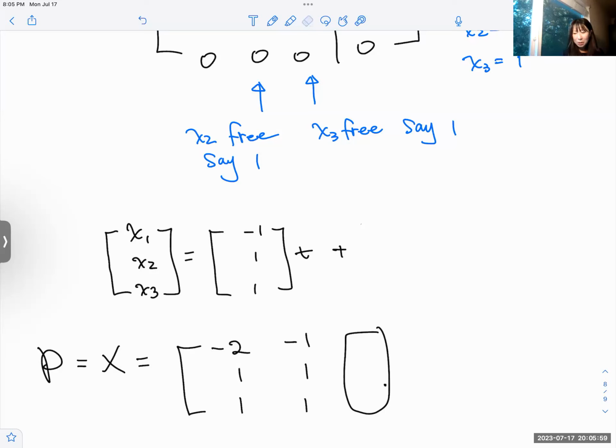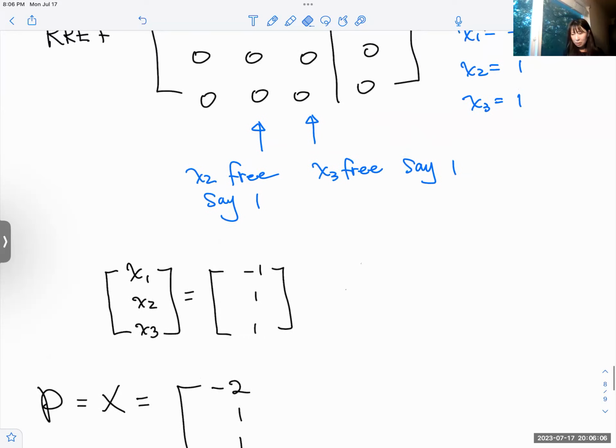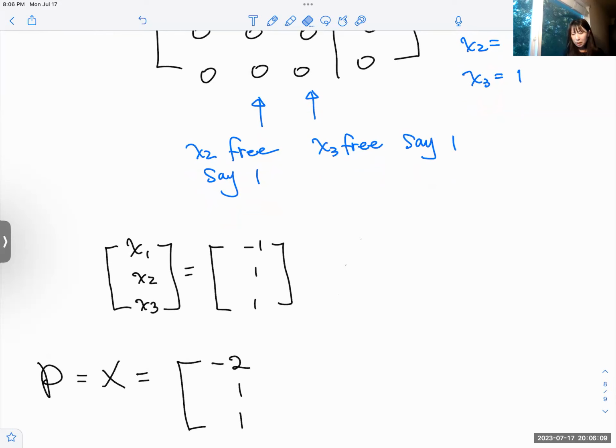And then from this one, we want to be clear about this one. Since we get -1, 1, 1, I want to make that -1 plus whatever parameter, and then we get T. Hold on 1 second. -1 and 0 and 0, 1, correct?